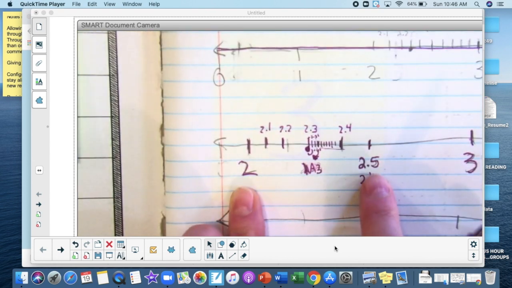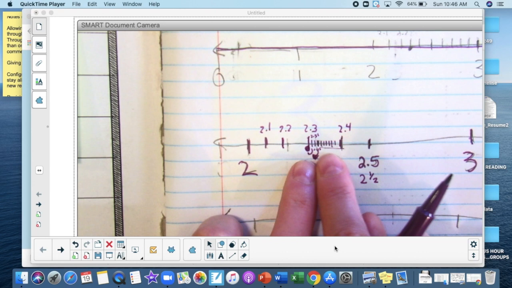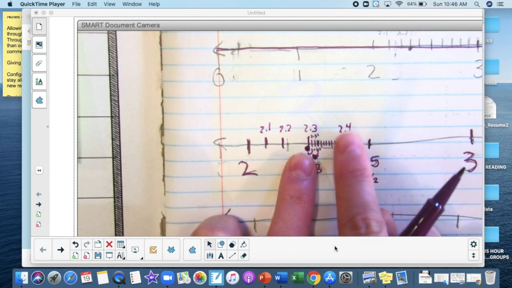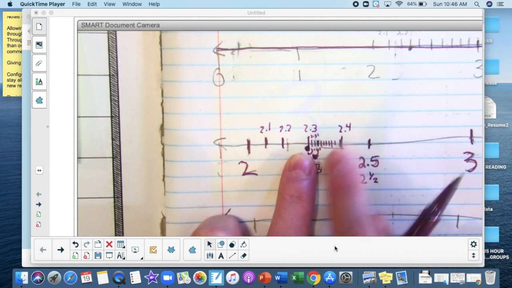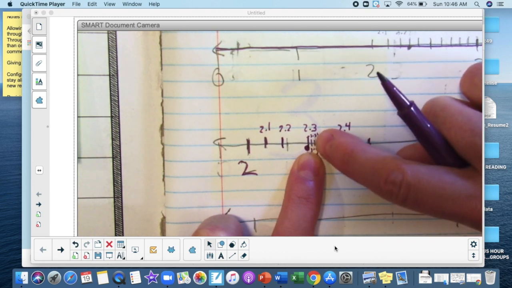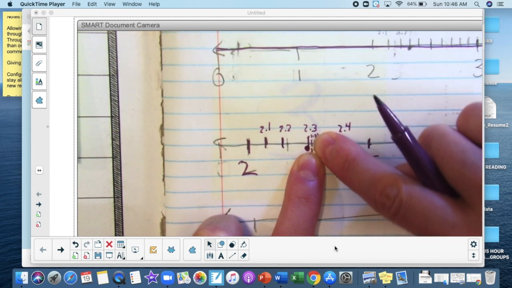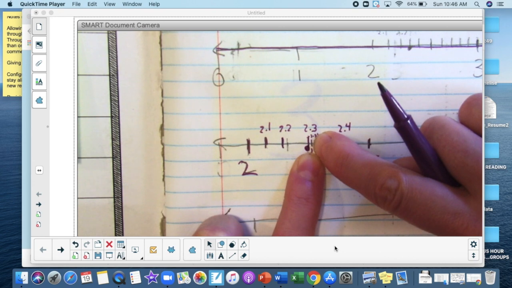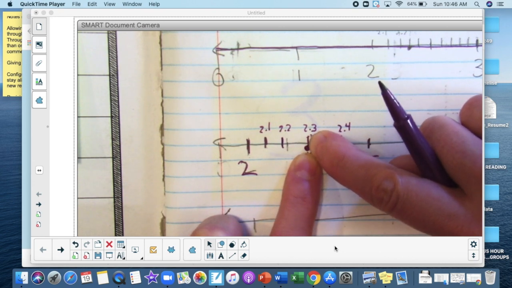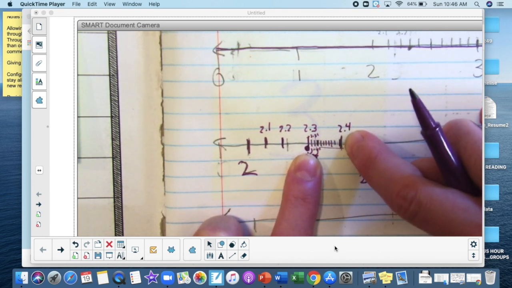So I'm not looking, is it closer to 2 or 3? I'm looking, is it closer to 2 and 3/10 or 2 and 4/10? So that's where I need to know that my 2 and 31 hundredths is right here. So I am way closer to 2 and 3/10 than I am to 2 and 4/10.